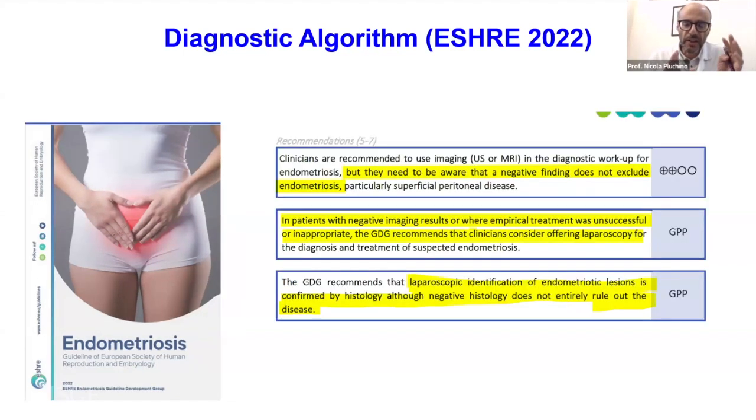But if this seems to be quite easy, we know in our daily practice that the situation is much more complicated. And the guidelines also warn the clinician that even in case of negative findings for endometriosis on imaging, the clinician does not have to exclude the presence of endometriosis.